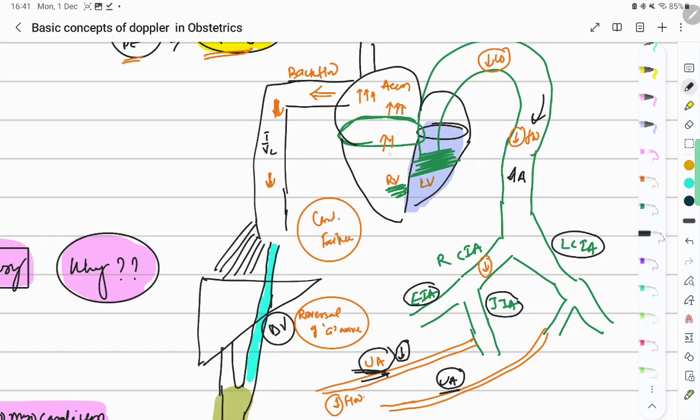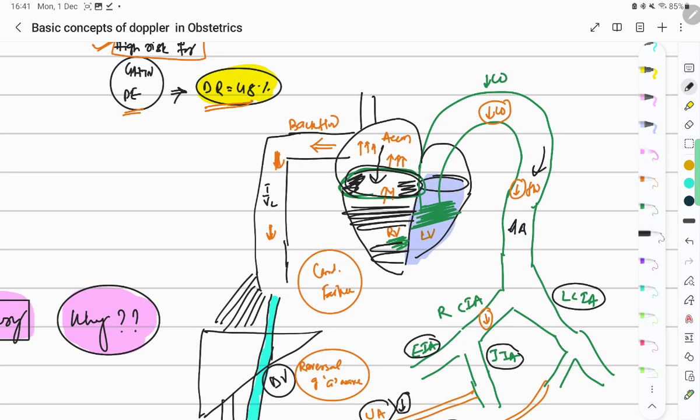Once the blood is accumulated inside the ventricle, the atrioventricular ring is expanded, so the tricuspid valve cannot keep all the blood here. So the blood coming from the superior vena cava and inferior vena cava to the right atrium and right ventricle cannot go forward. Because the right ventricle is already filled, there is a traffic jam, so the blood has to go back.